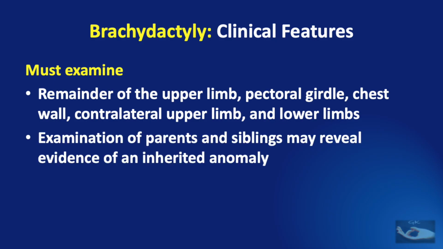We also need to examine the parents and siblings, which may reveal further evidence of an inherited anomaly. Traumatic brachydactyly is usually identified by a history of injury and subsequent radiographs that reveal physeal arrest.